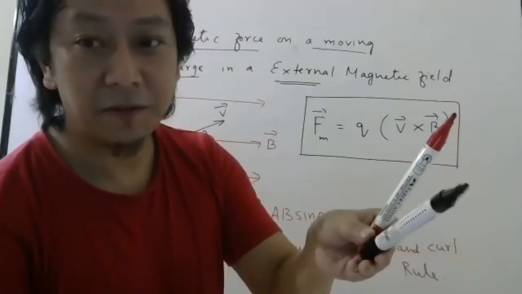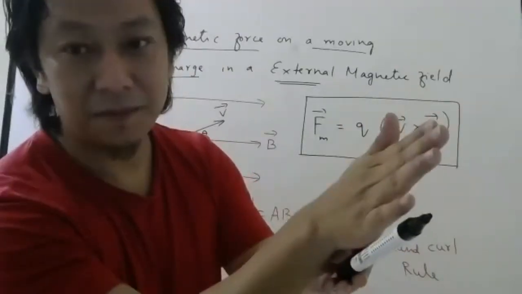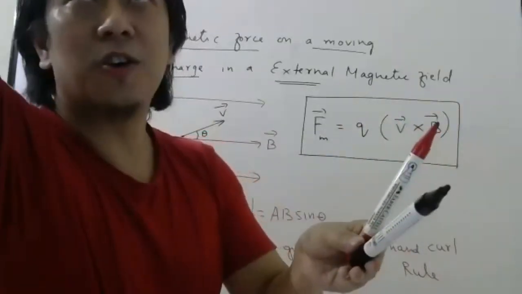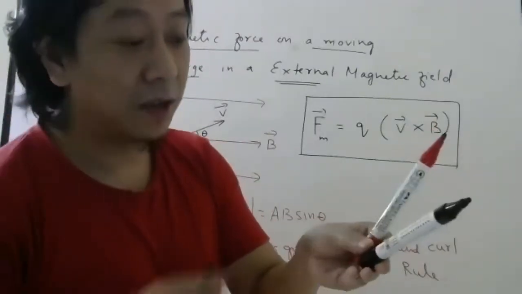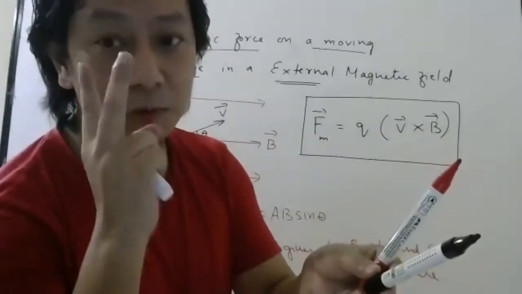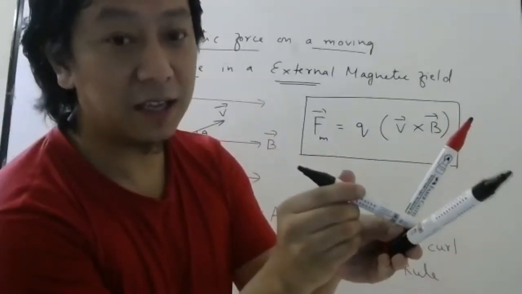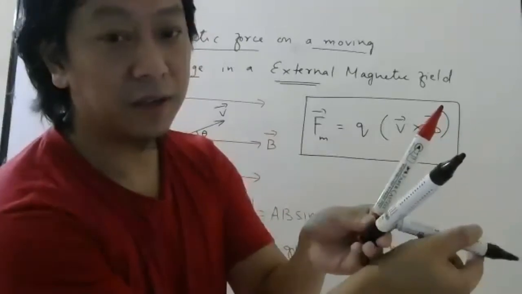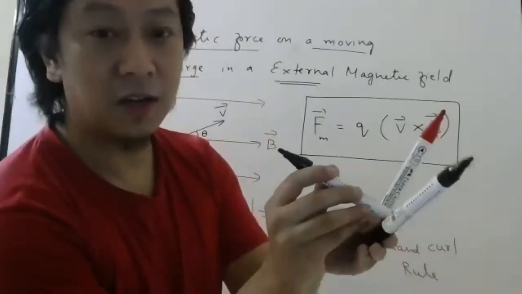If I keep the vectors like this, then this is the plane. Your cross product will be perpendicular to this plane, which means two directions are there, either here or here.